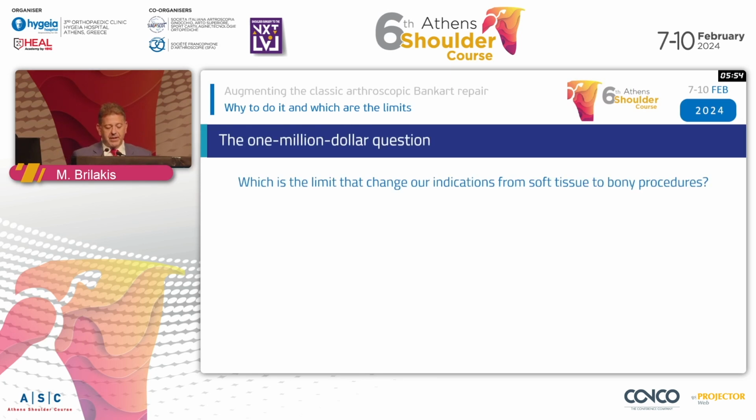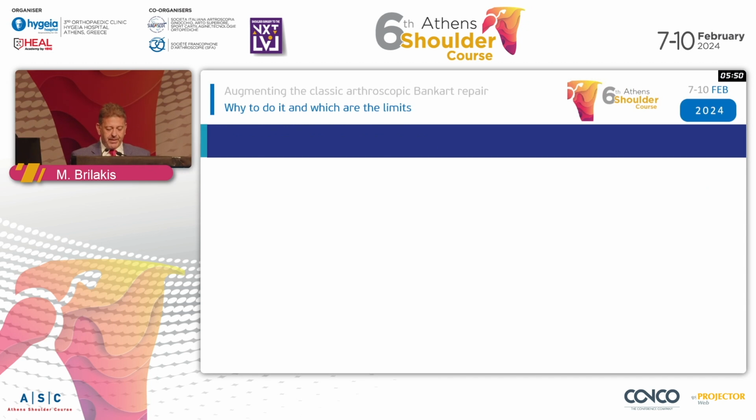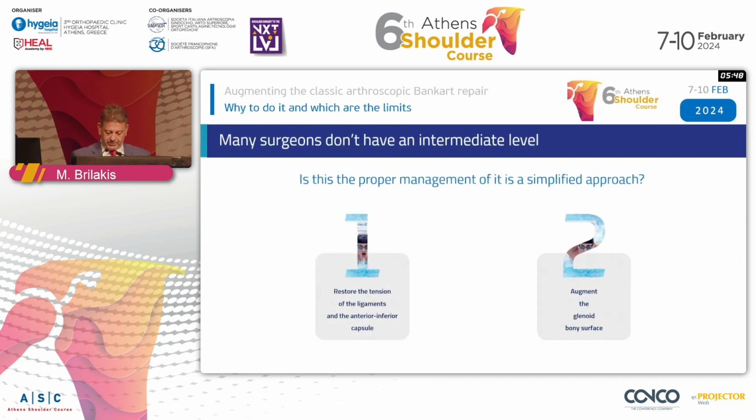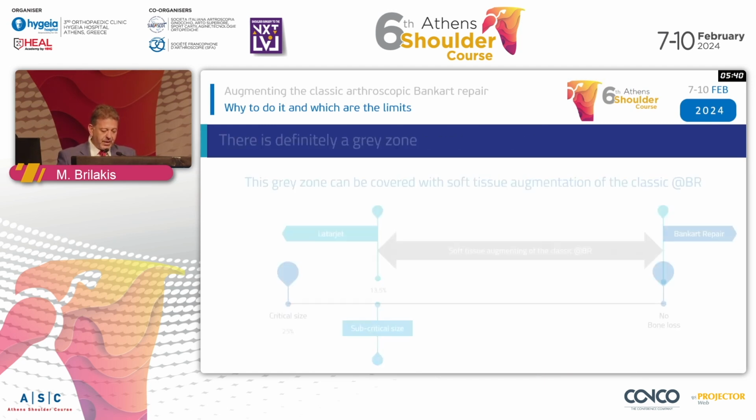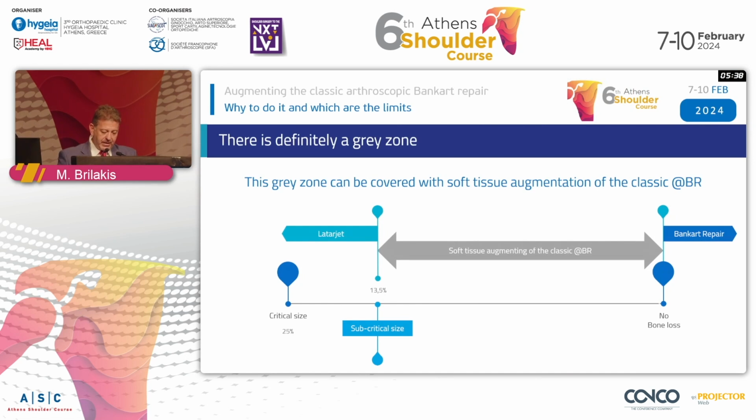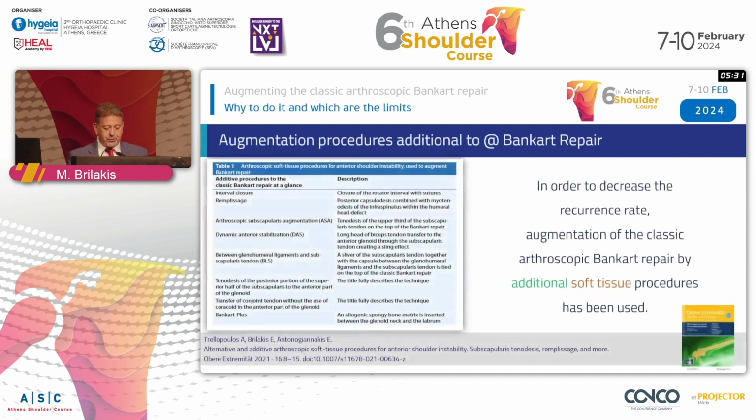So which is the limit to change our indication from a soft tissue procedure to a bony procedure? Because as I mentioned before, there is a gray zone between the absolute indications for the procedures. And this is the gray zone. We should augment the classic Bankart repair with another soft tissue procedure.